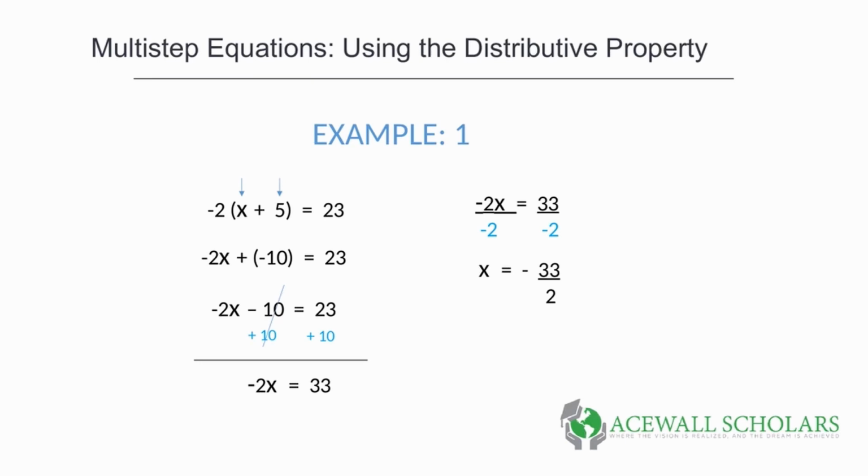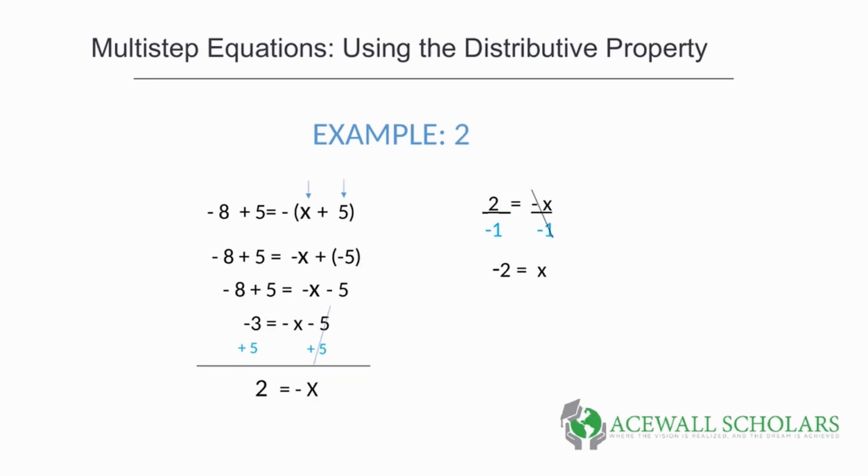Let's look at example 2. We have -(x plus 5) plus... -8 plus 5 equals -(x plus 5). Now we notice the x plus 5 is within the parentheses. Before we combine our -8 and our 5, we want to distribute that minus sign within the parentheses.